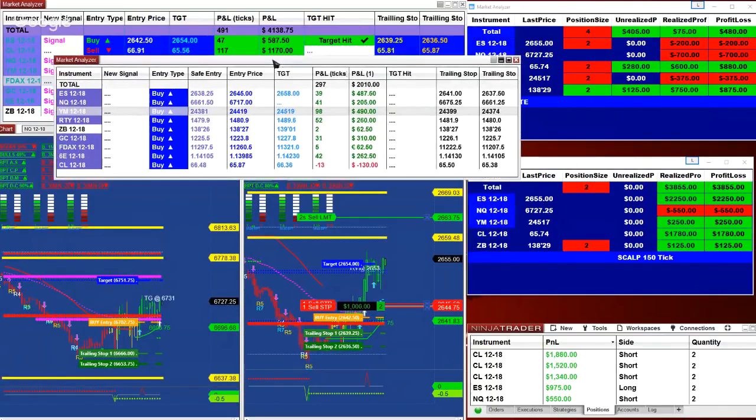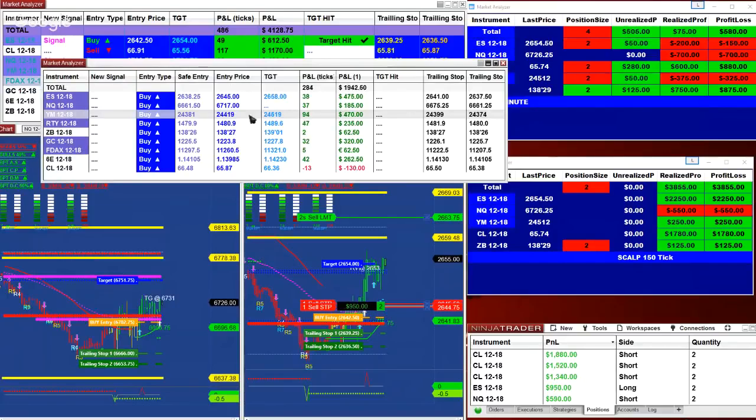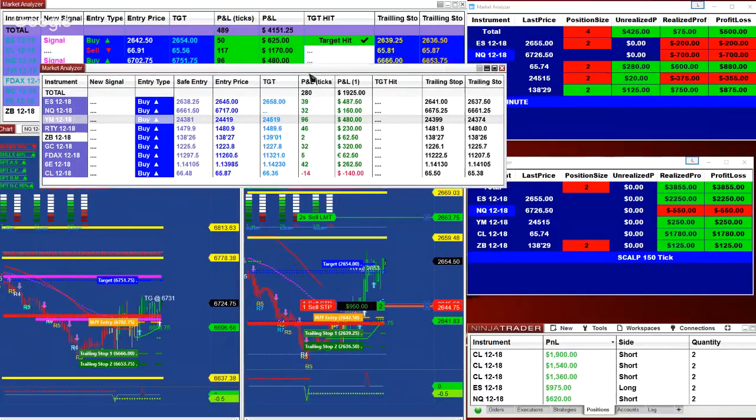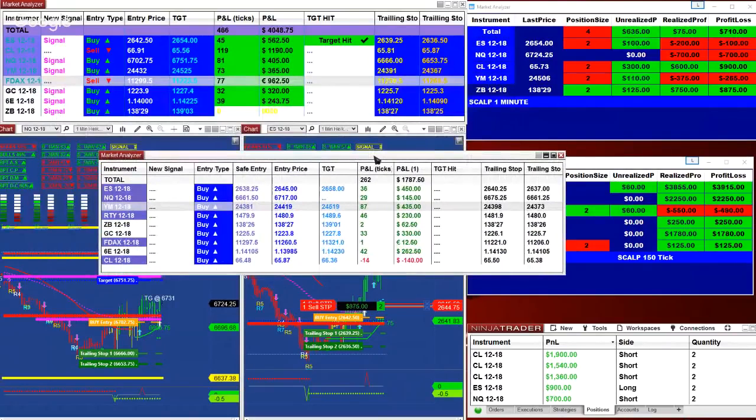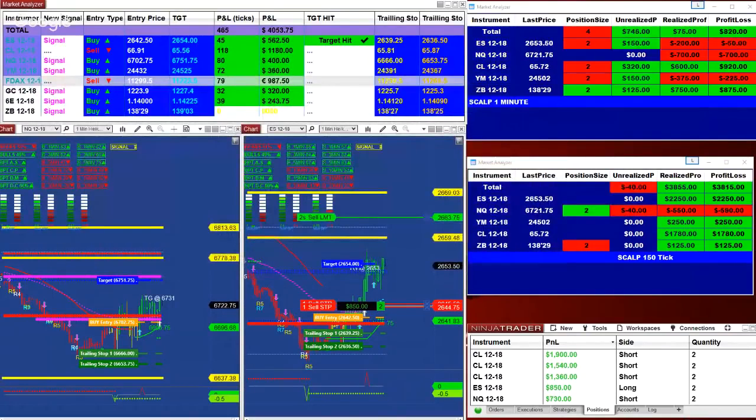This one here is based on 1 minute, the white one, and the one you're looking at right now is based on Heikin-Ashi. So this is something we need to look at. We are looking at the Heikin-Ashi 1 minute, but still the market analyzer is based on one contract and 1 minute.